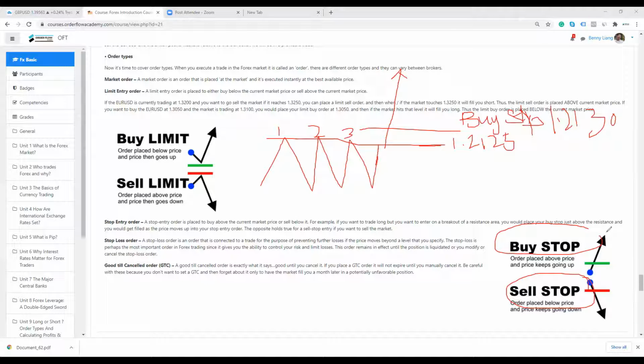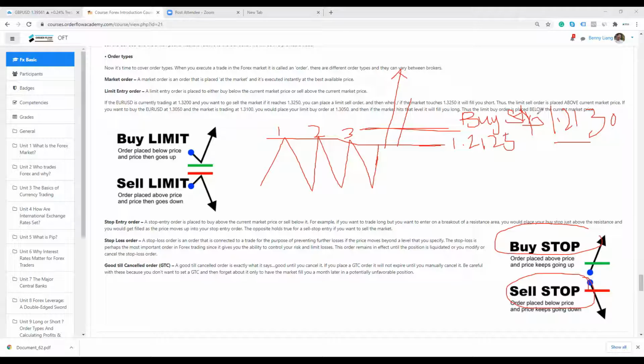Look, I want to buy this particular currency if the price trades above 1.2130. If the price trades below 1.2130, I'm not interested, right? So that means once the price pushes through 1.2130, this order will be triggered.